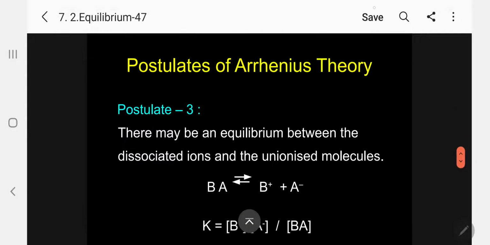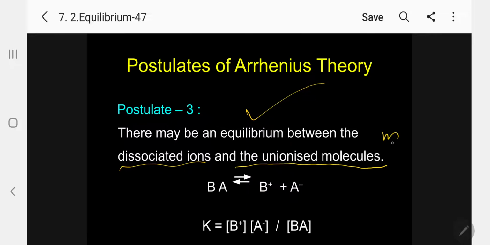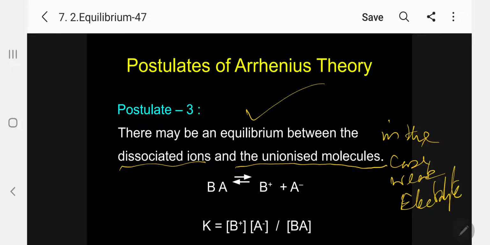Number 3, there may be an equilibrium between the dissociated ions and the unionized molecules in the case of a weak electrolyte. Kindly follow, this is most important.